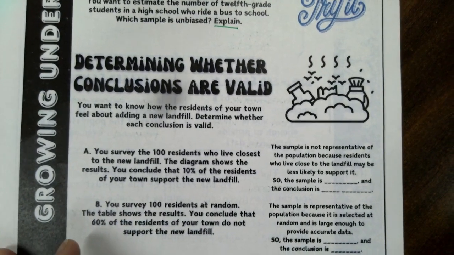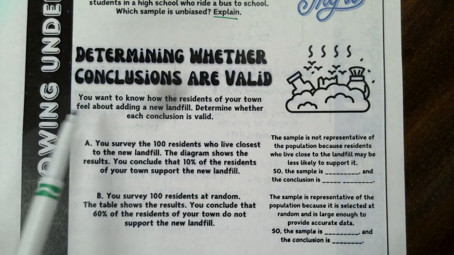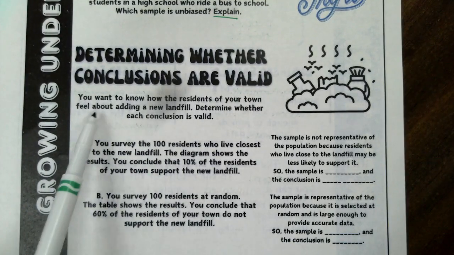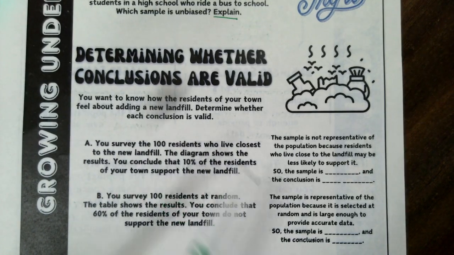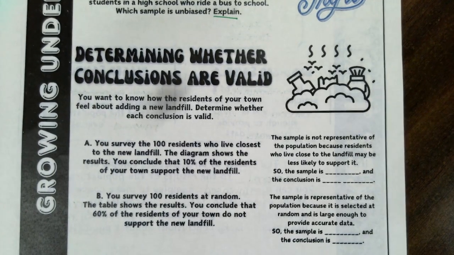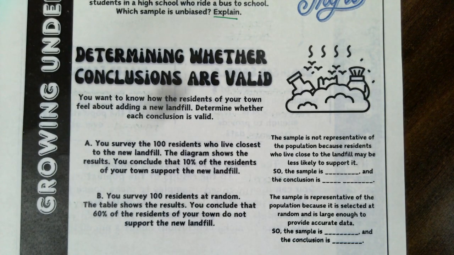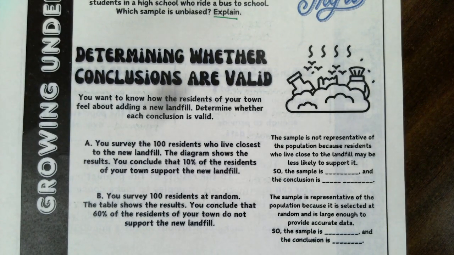It says determining whether conclusions are valid. All right, so you want to know how the residents of your town feel about adding a new landfill. Determine whether each conclusion is valid. Okay, so first you survey the 100 residents who live closest to the landfill. And we have a diagram, which you don't see in this picture. It's not necessary, but it shows the results.